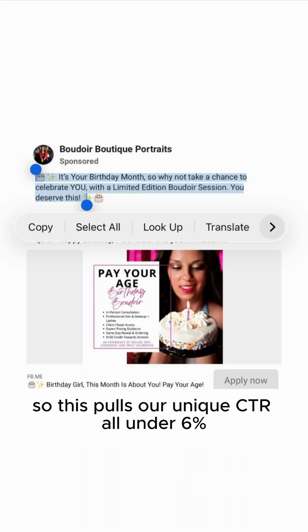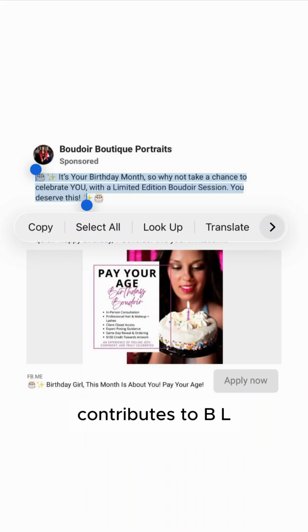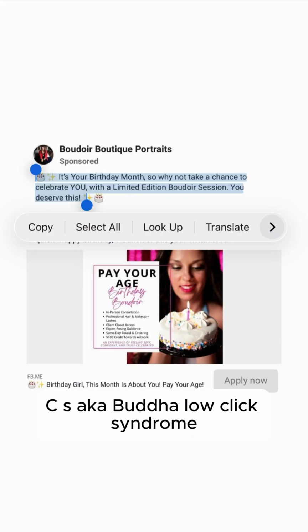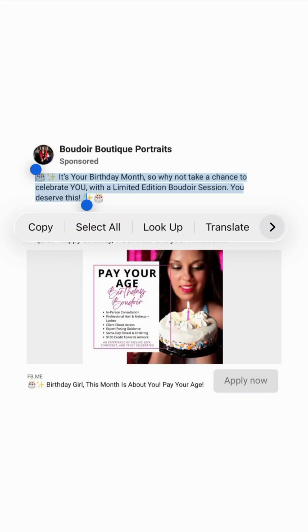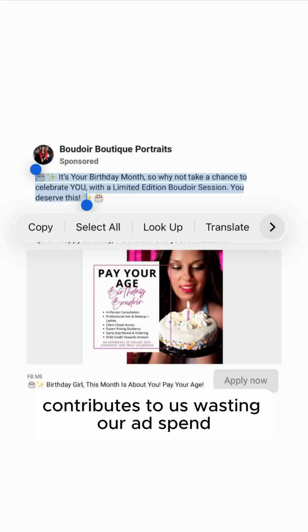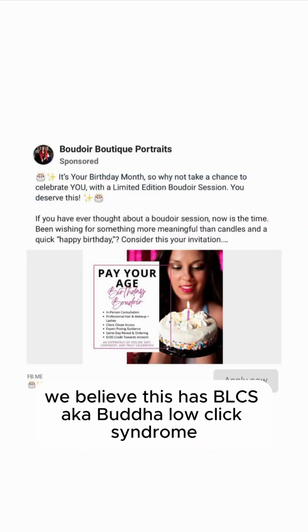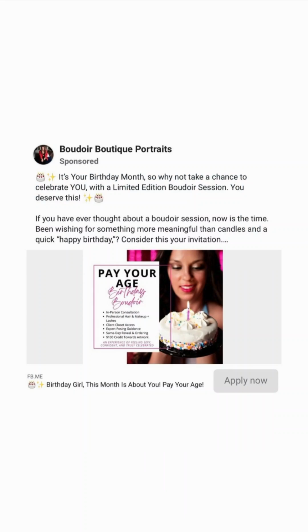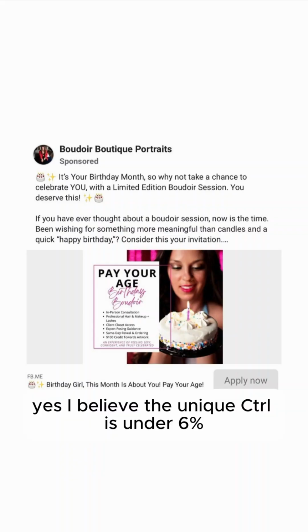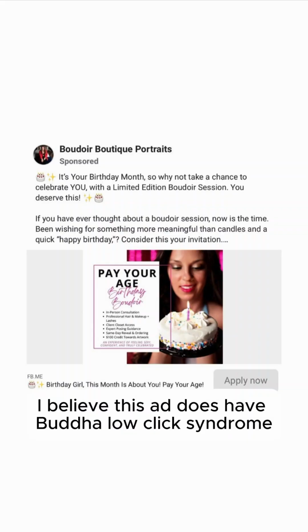So this pulls our unique CTR all under 6%, contributes to BLCS, aka boudoir low click syndrome, and contributes to us wasting our ad spend. All right, so diagnosis, do we believe this has BLCS, aka boudoir low click syndrome? Yes, I believe the unique CTR is under 6%. Therefore, I believe this ad does have boudoir low click syndrome.